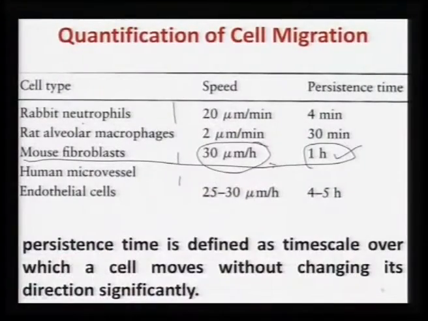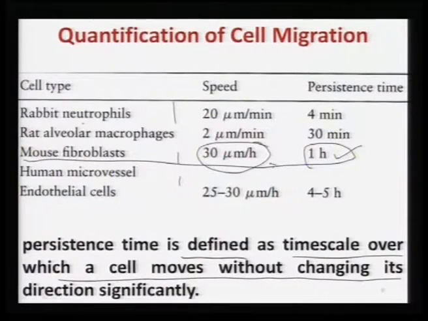So, with the naked eye it is next to impossible to observe the cell migration process, just because it is moving at such a low speed. Similarly, the persistence time is typically 1 hour. What is the meaning of persistence time? It is defined as the time scale over which a cell moves without changing its direction significantly.